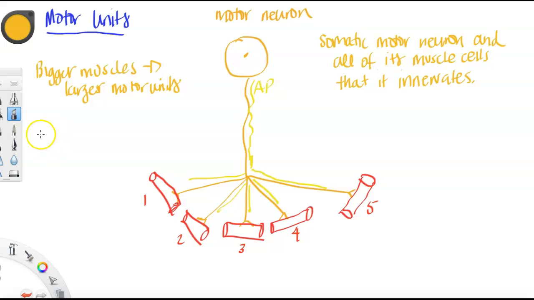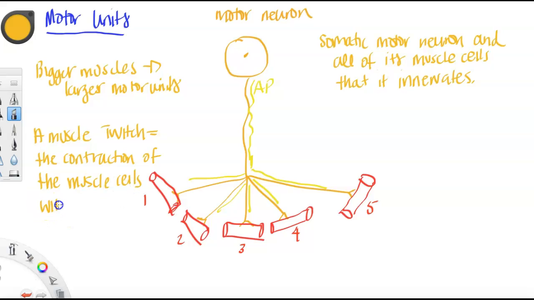So a muscle twitch is the contraction of all of the muscle cells within a motor unit from one action potential of its neuron. So that is a muscle twitch.